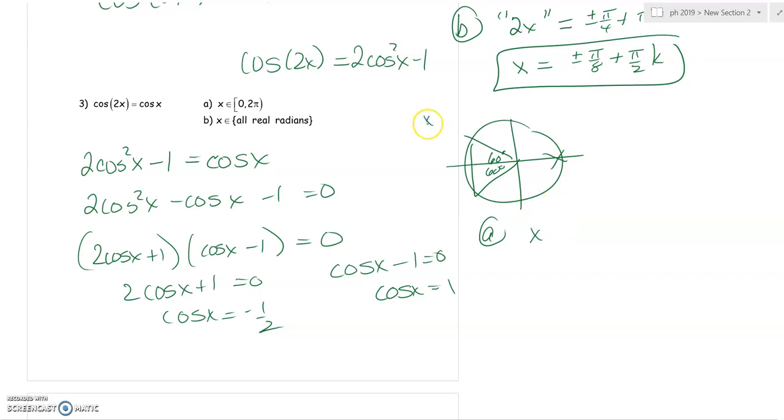For part B, I wanted to know all real radians, so we're finding all solutions in radians. You would say x equals 2 pi k, or plus or minus 2 pi over 3 plus 2 pi k. K is an integer. Great job, everybody.